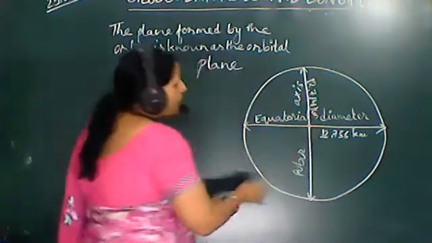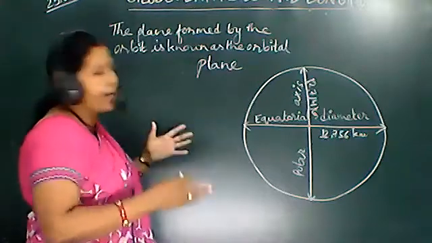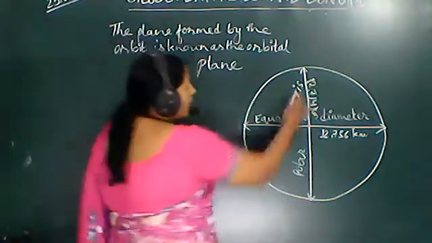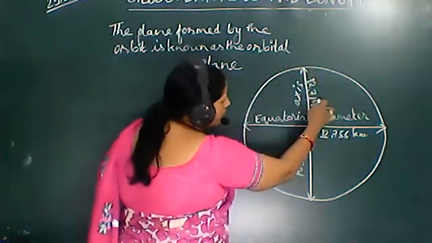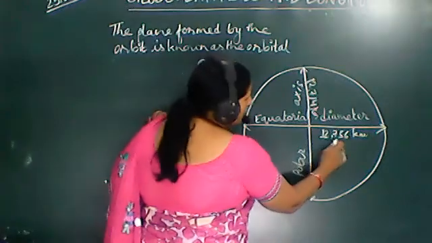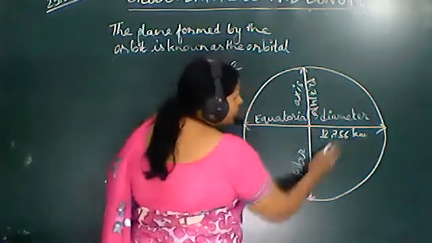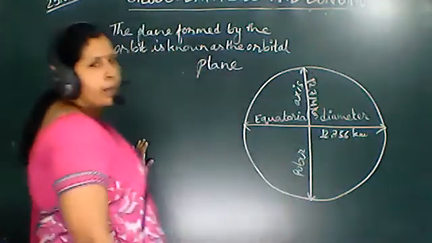So now you can understand the shape of the earth, the geoid. You see that this diameter is 12,714 kilometers, and this one is 12,756, which is more than this. So there is an equatorial bulge.